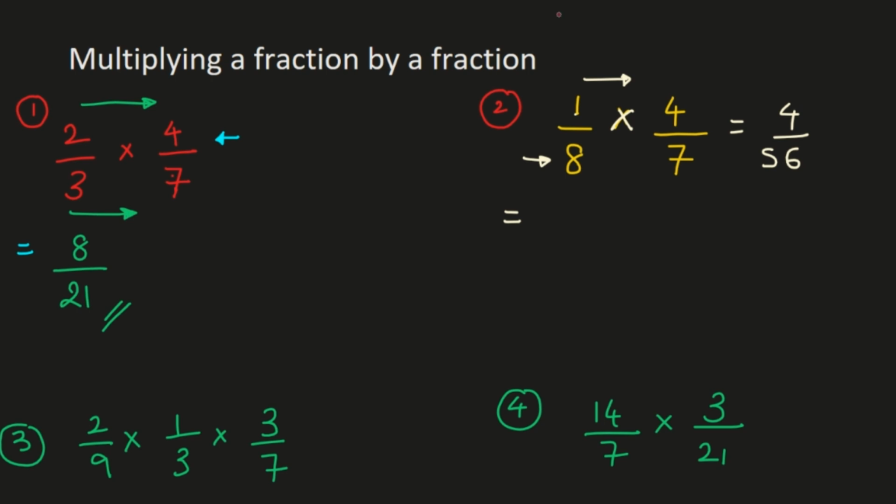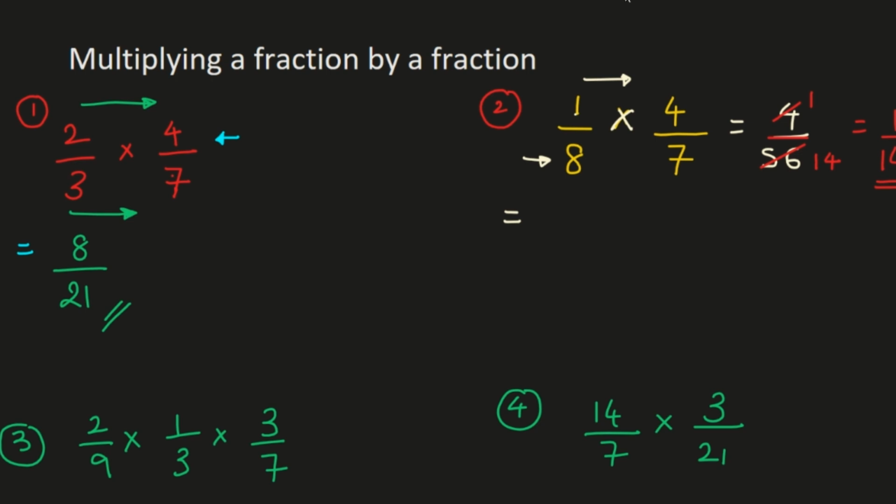Both the numerator and the denominator can be divided by 4. 4 divided by 4, it's 1. 56 divided by 4, it's 14. So the answer is 1 upon 14. So what I have done is multiply the numerators and the denominators together, and then simplify that answer.